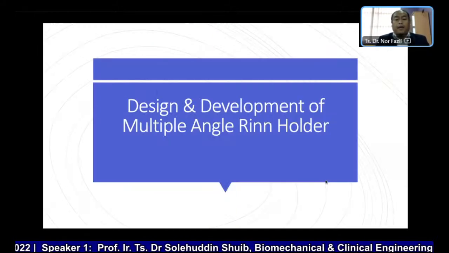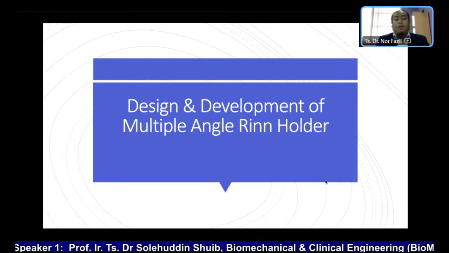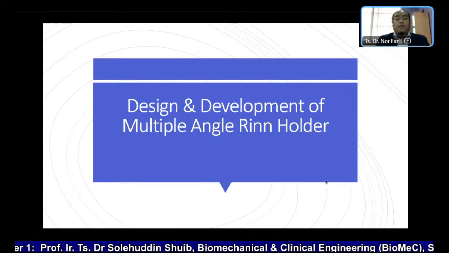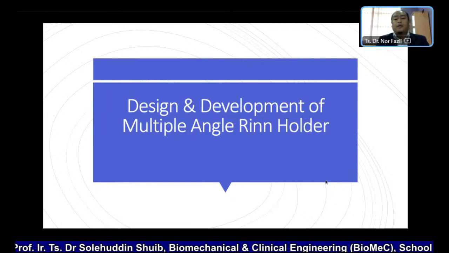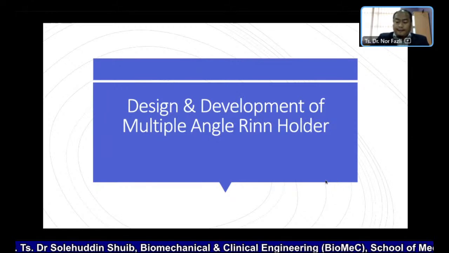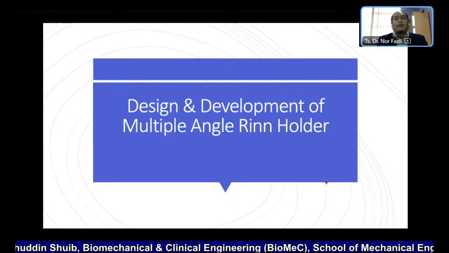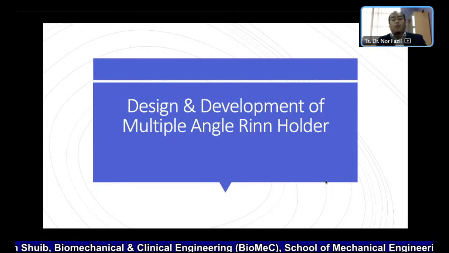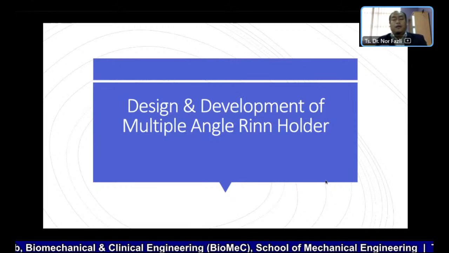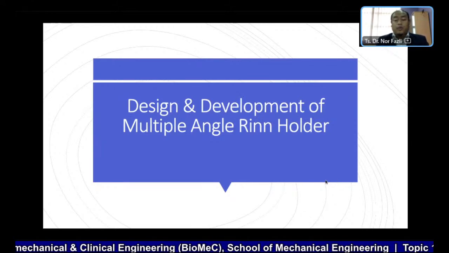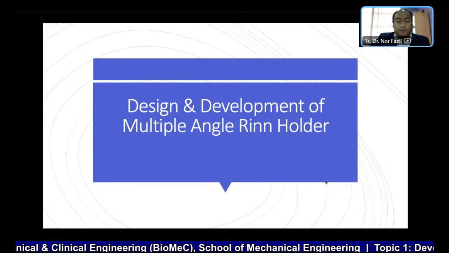Therefore, my presentation topic is the design and development of this multiple angle Rinn holder, which involves mechanical parts and some clinical work from the dentistry faculty.